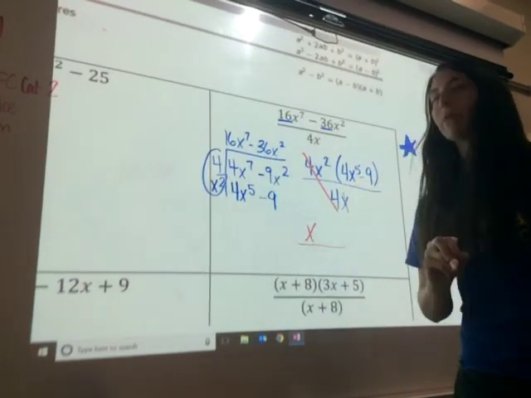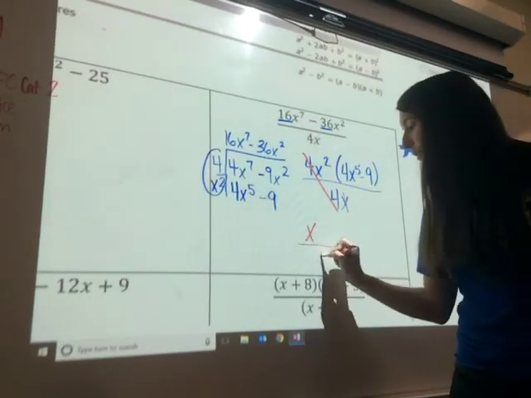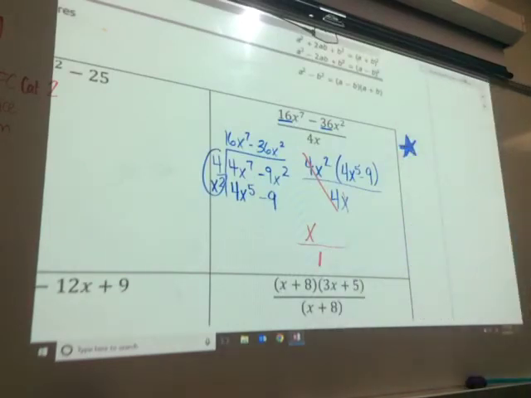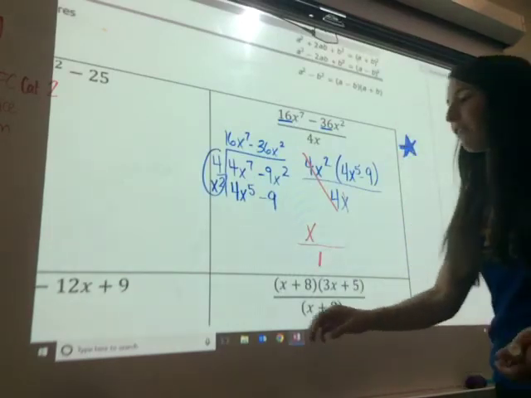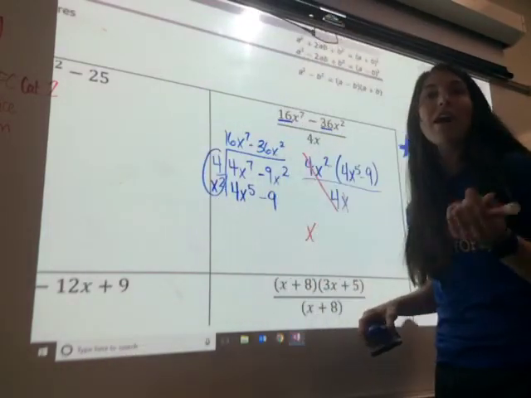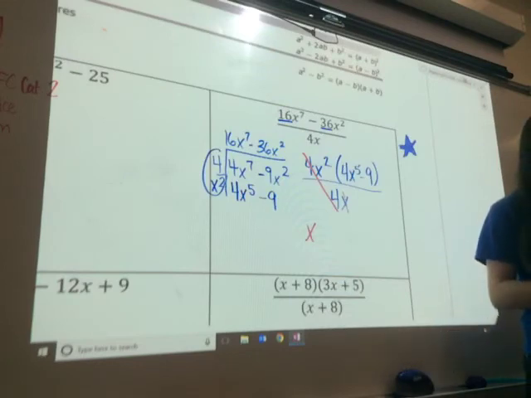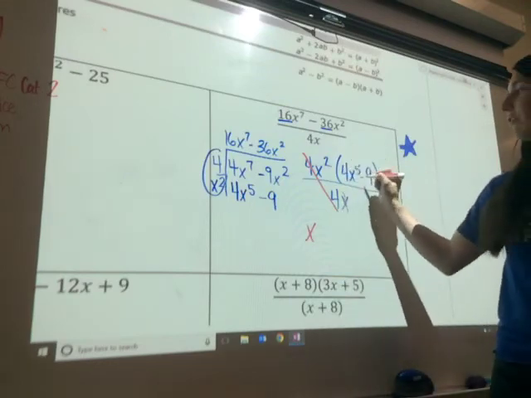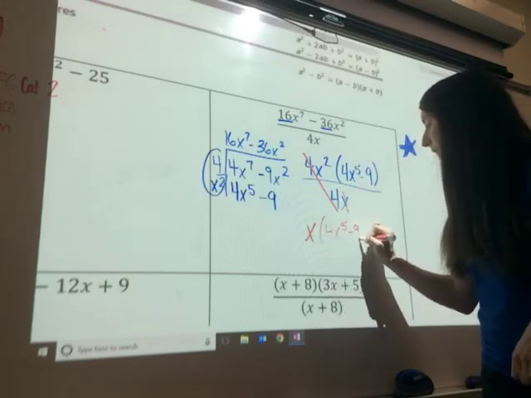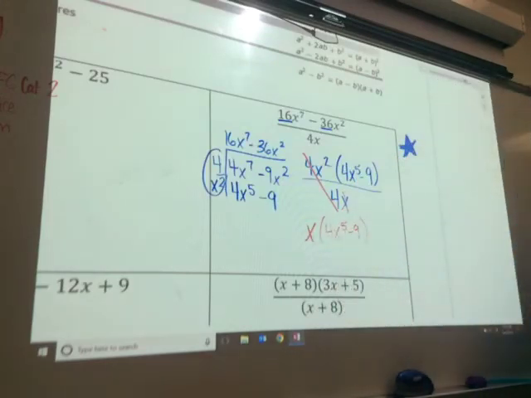If everything's gone from the bottom, what's down here? Just an understood what? So do I need to write that? No. If everything from the bottom disappears, you no longer have a fraction. Are we okay with that? Okay. And then what's left over? Are we okay with that? Does everybody understand what I did?